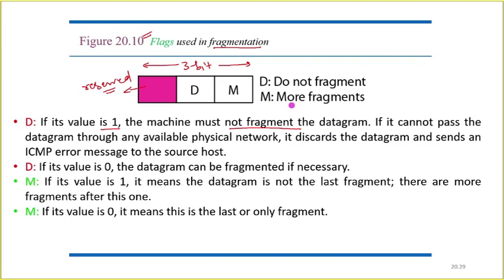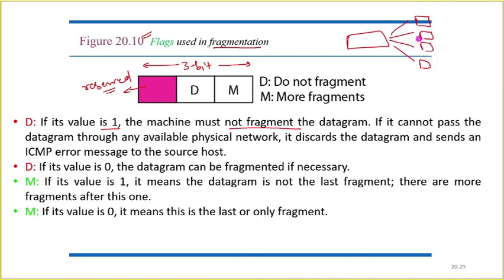M stands for more fragments. Suppose a packet is fragmented into different fragments. One fragment is sent, then the next fragment, then the next, likewise the fragments will be sent.